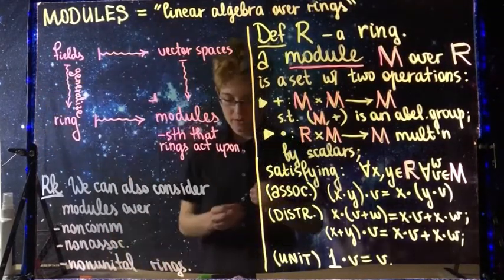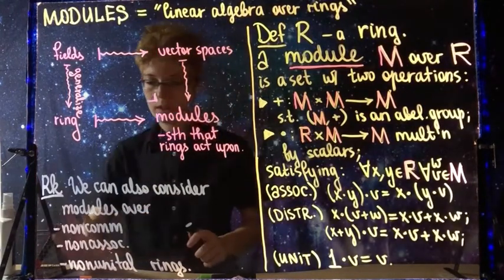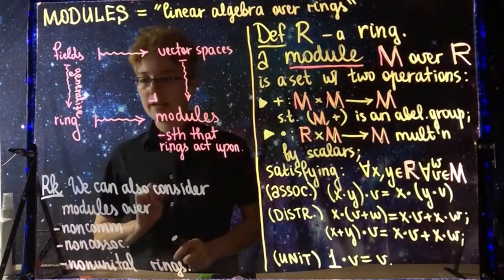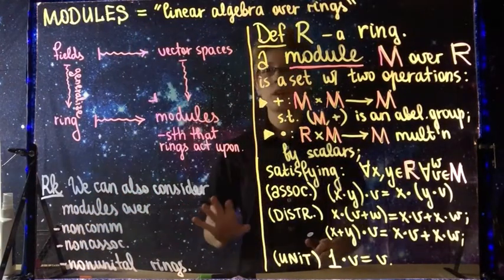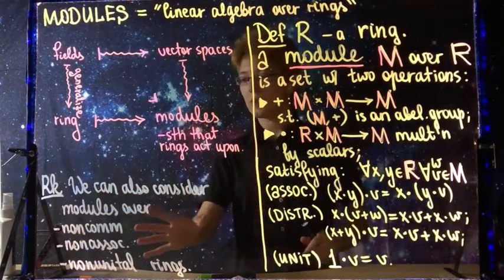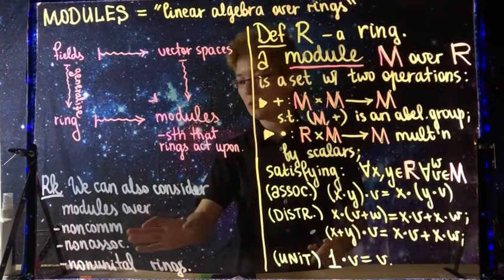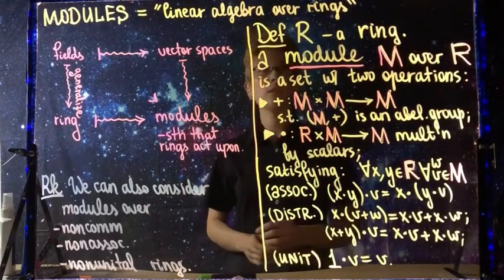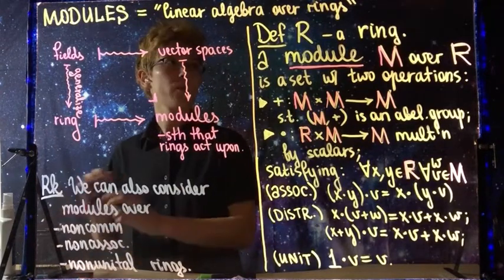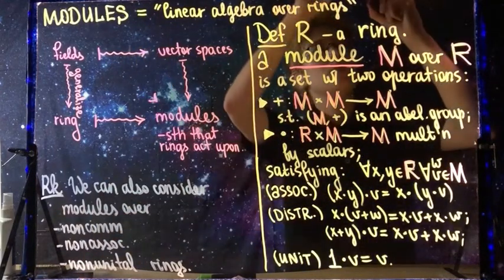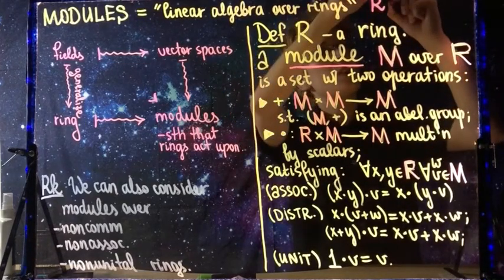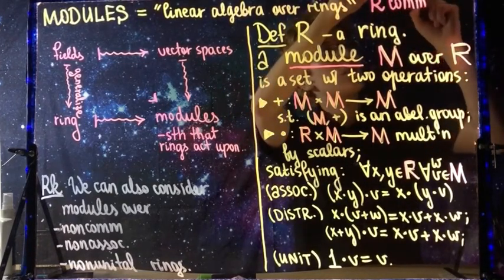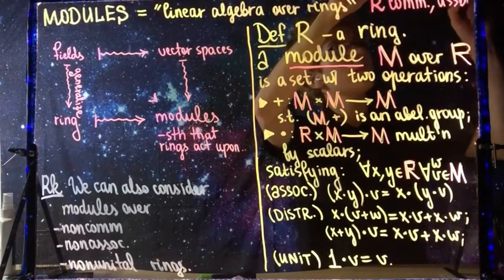And these are also very important structures, but for now in this introductory course we will start with setting up the theory of modules over commutative, associative and unital rings. So from now on, again, R is commutative, associative and with unit.